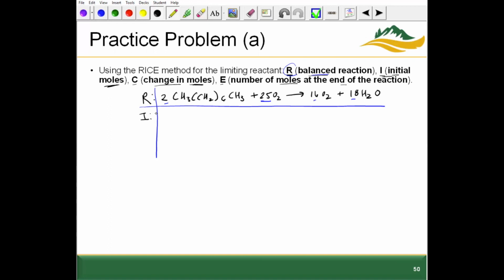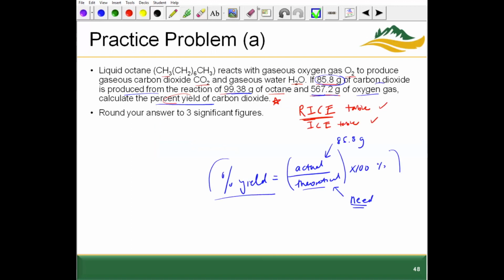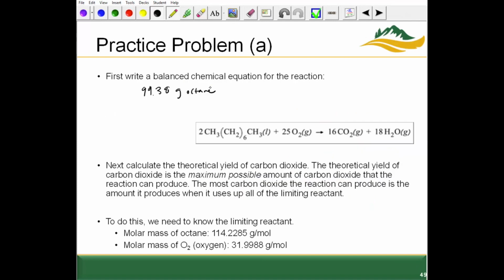I is the initial amount of moles. For a limiting reactant problem, we're really only concerned with finding out, is this the limiting reactant or is this the limiting reactant? We're told the initial amount of moles of both of these through the amount of grams that are present. So we have the gram amount, but we need to convert these into moles because we need the initial amount of moles. Let's start out with 99.38 grams of octane.